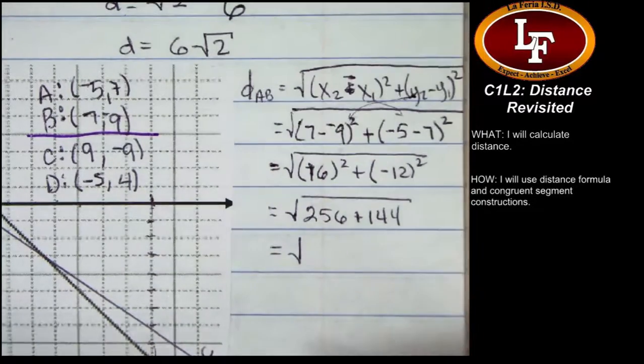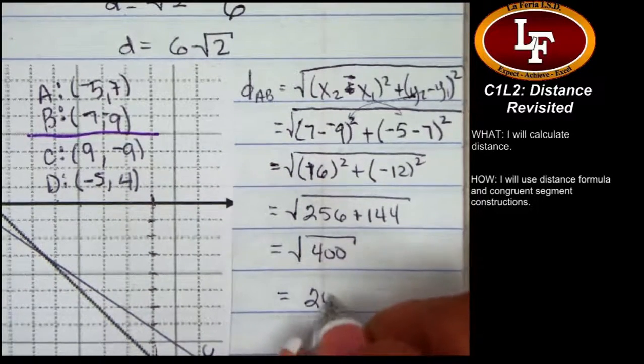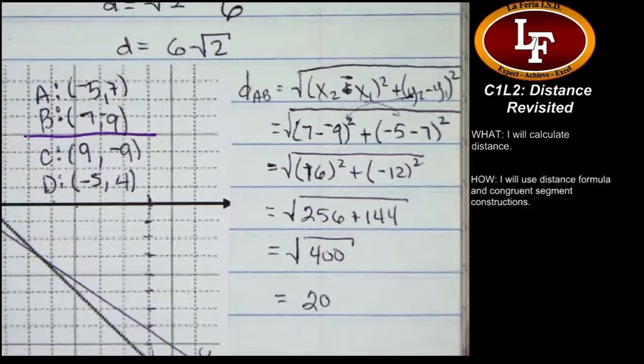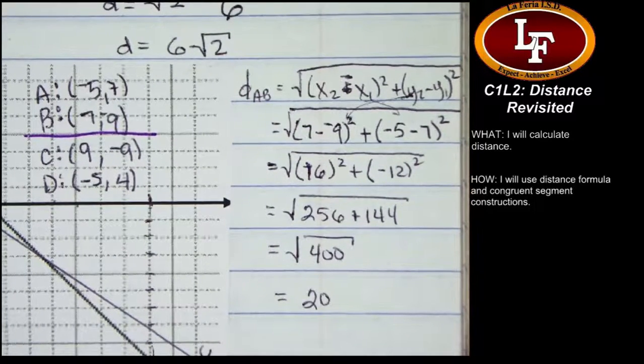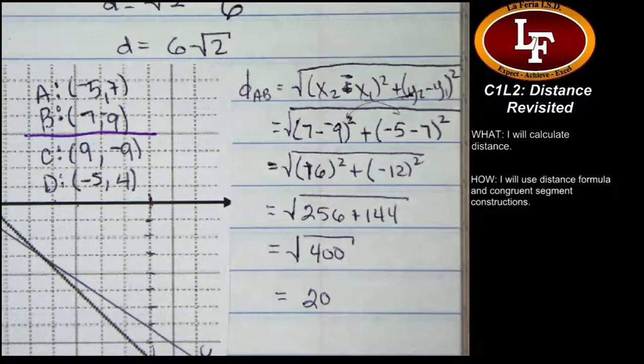If I add those, I get 400, the square root of which is 20. All right, going to do the same thing for C and D. Go ahead and pause the video and do that now. When you come back, I will have it done.